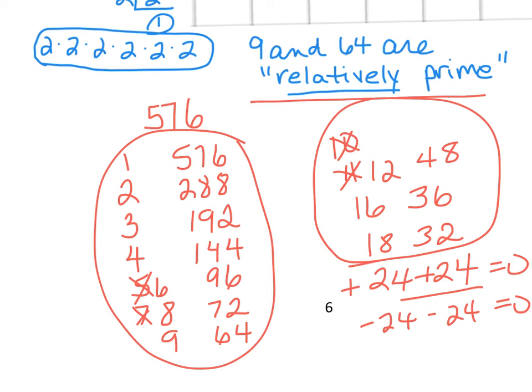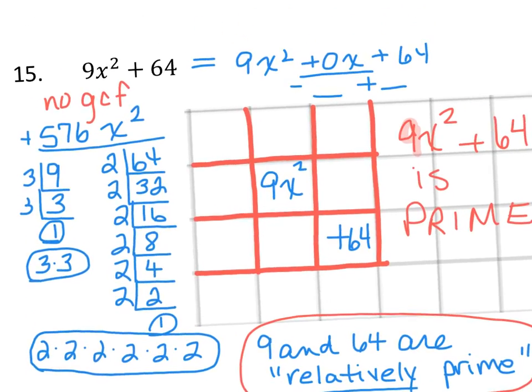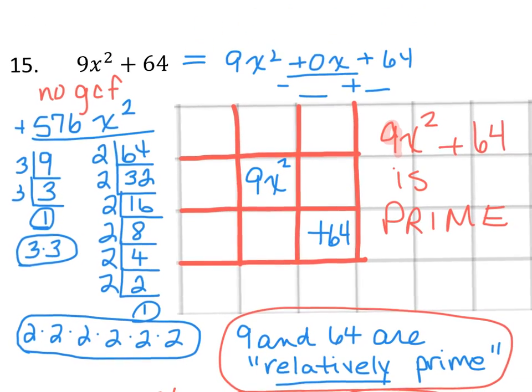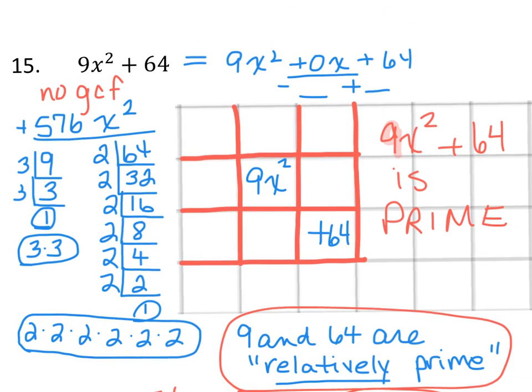So those two are relatively prime, which means that our polynomial 9x squared plus 64 is prime, because we had no set of factors here that would give us a 0 for the middle term.